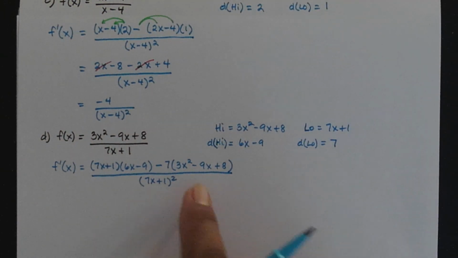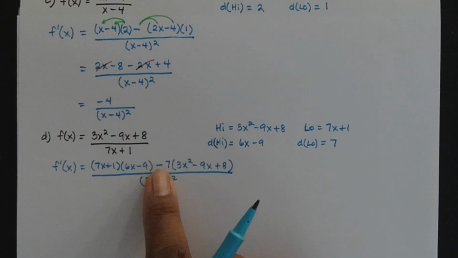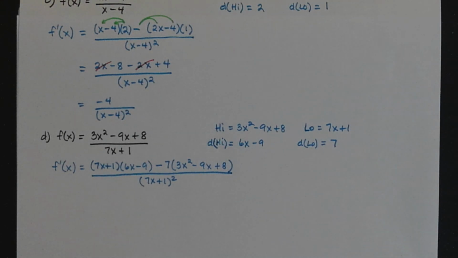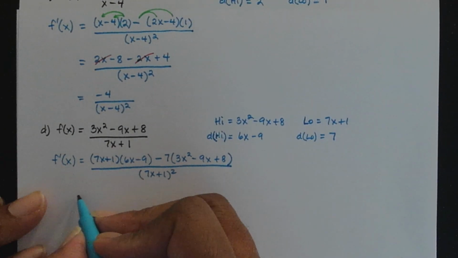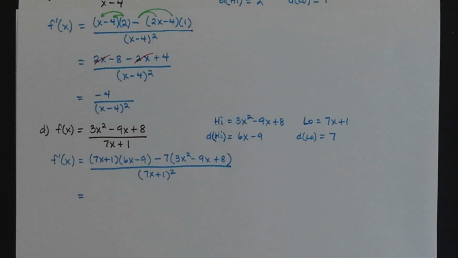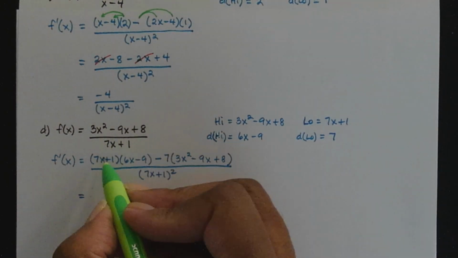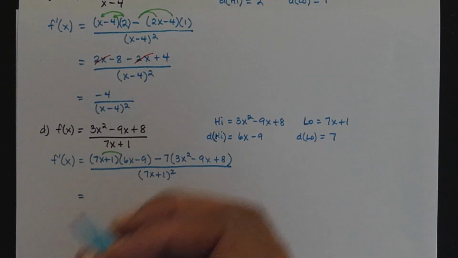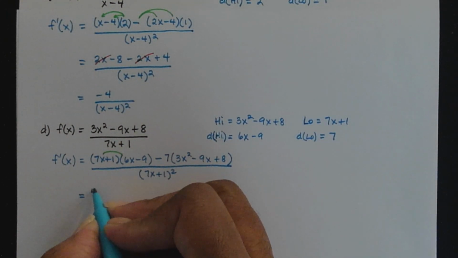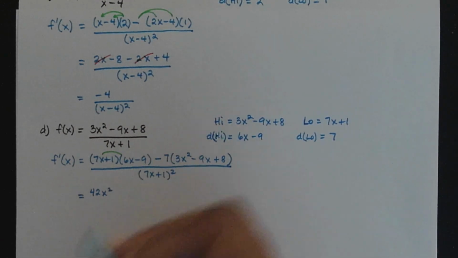Because I'm not only going to have to distribute the 7, I also have to distribute the minus sign in front. For the 7x plus 1 times 6x minus 9, I have to use the FOIL method, which means 7x times 6x, that's going to be 42x squared.